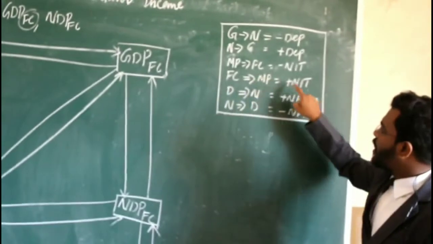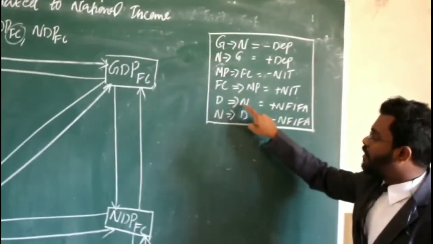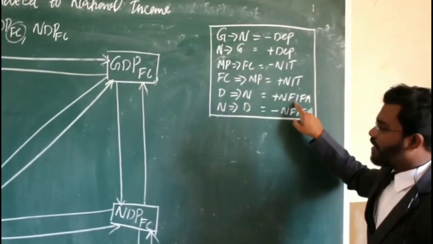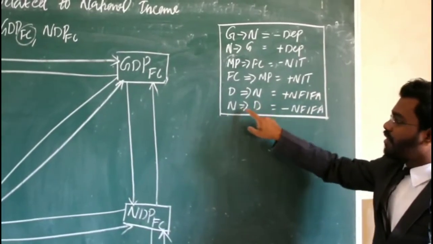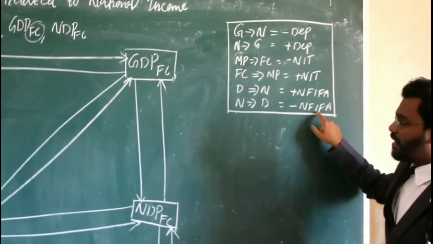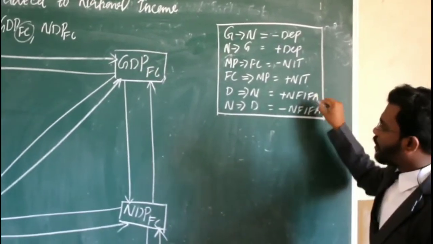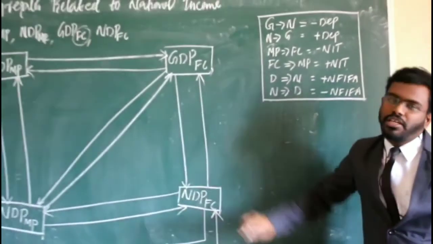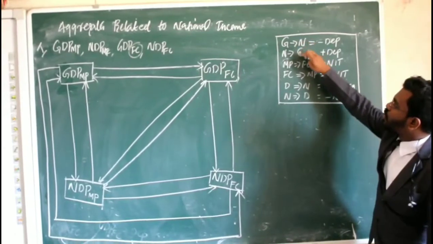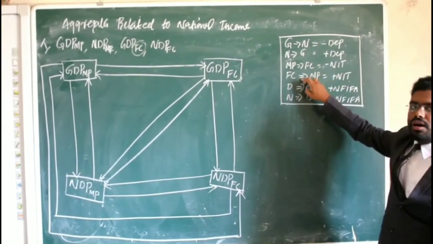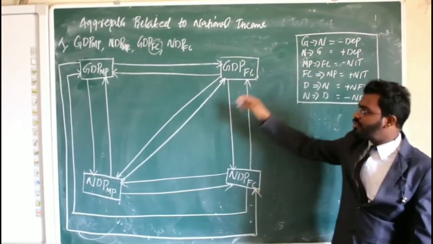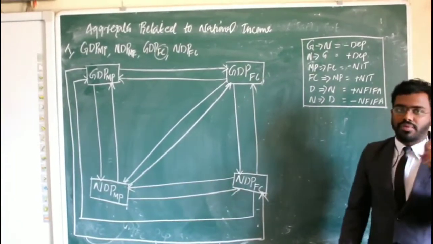FC into MP, that is plus NIT. D to N, domestic to national, that is plus NFI-FA. National to domestic, that is minus NFI-FA. So these two are not required for completing this flowchart. These four, 1, 2, 3, 4, are required, because we are discussing only the domestic concept.